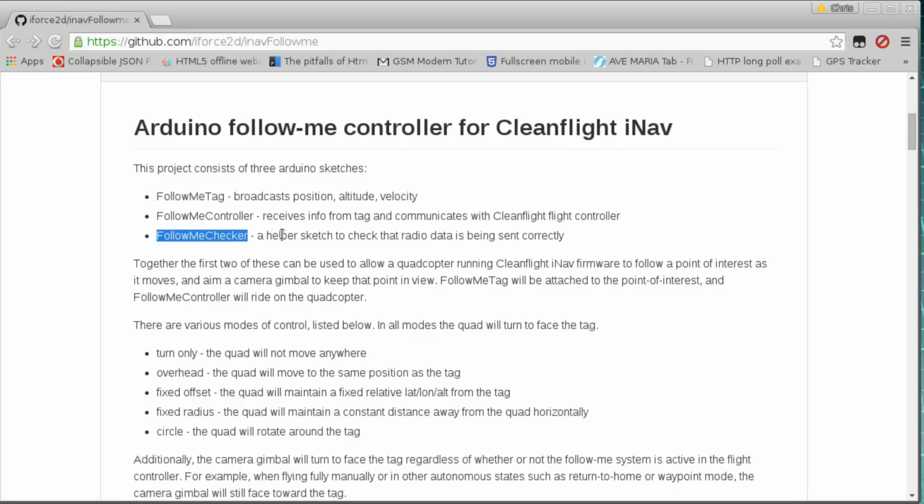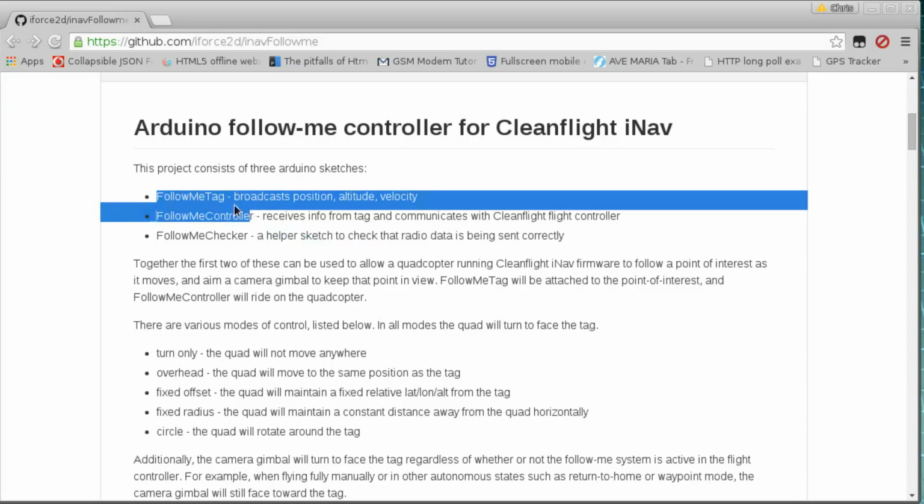It just prints out all the information that the follow me tag is broadcasting over the radio. So it's just a helper to let you know what's going on, but I would highly recommend, if you're doing any projects with nRF24 modules, just set up something like this. You'll use it a lot in the future, I think. So the point is that only these first 2 sketches are necessary to do what we're going to talk about.